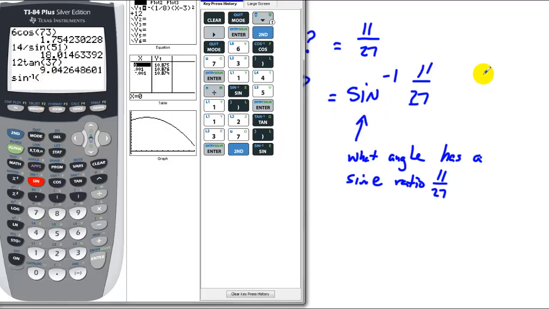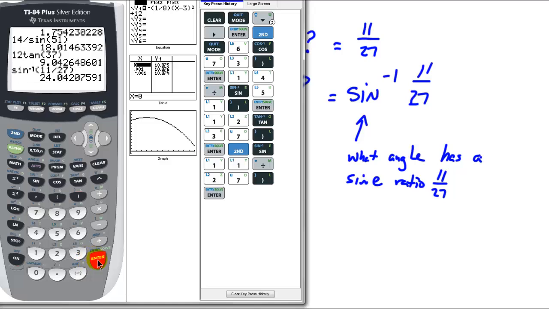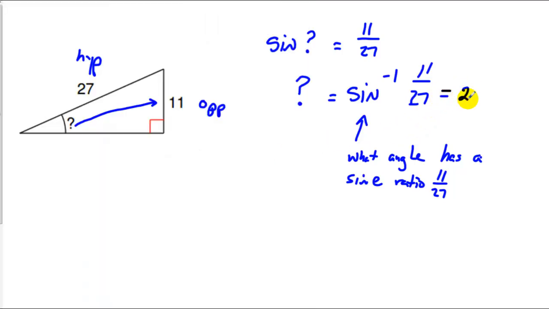And you have to make sure this whole fraction goes in that parentheses. So 11 divided by 27. And then we hit equals. And what's going to pop out is an angle. So that angle is in degrees. So we have 24.04 degrees in this case.